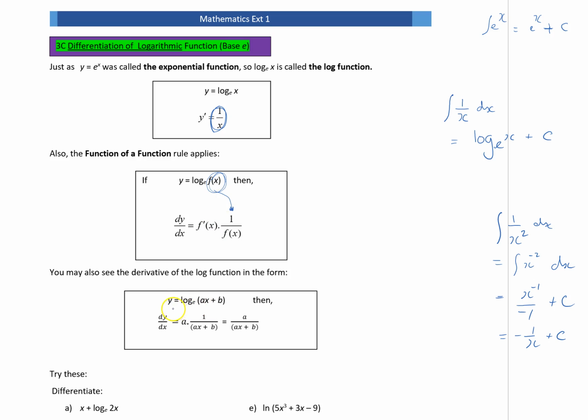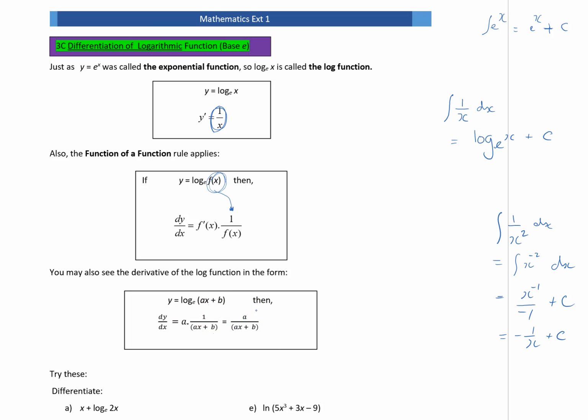You might also see log to base e of ax plus b, and we would have, again, 1 over this ax plus b, 1 over it, but then we must go in and differentiate inside this little function, and the derivative of ax plus b would be a, and you might see that written as a over ax plus b.